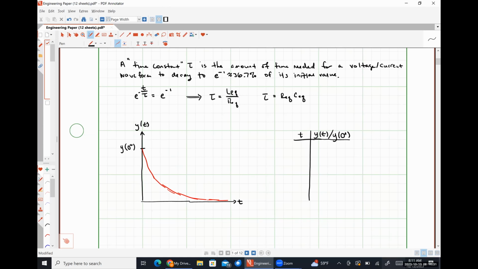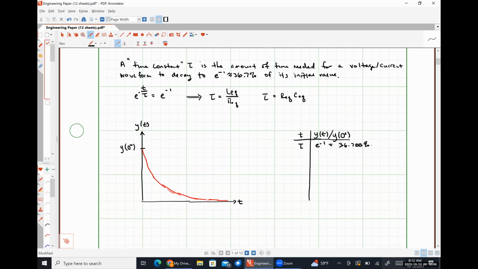All right, so at one time constant, we're looking for y of t divided by y at 0 plus to be equal to e to the minus 1, which according to my calculator is 0.36787. So let's call that 36.788%.